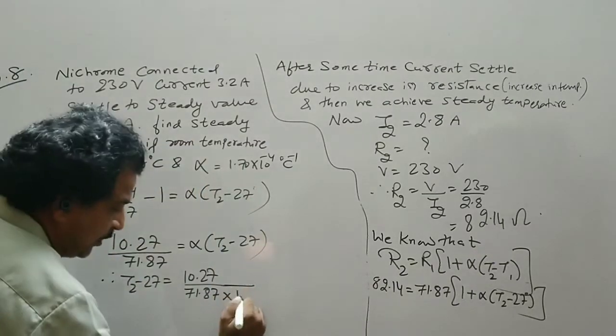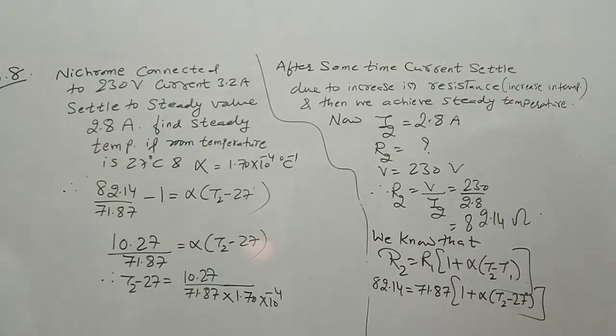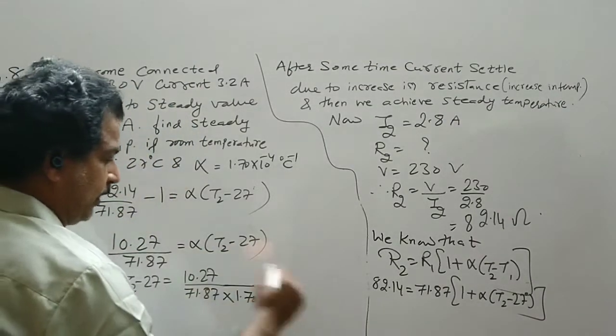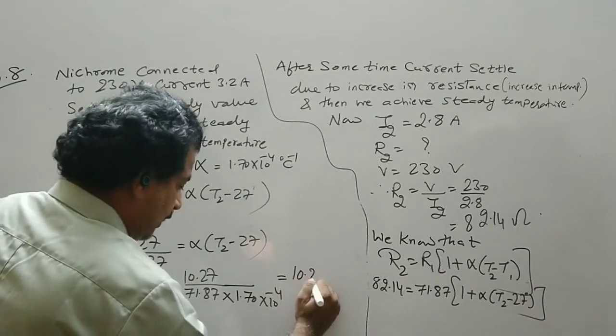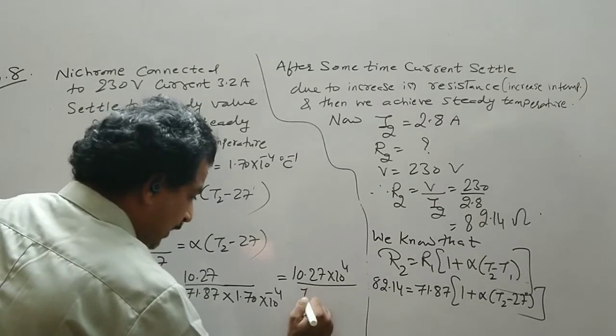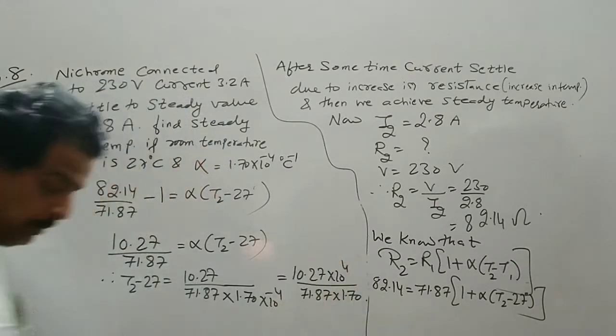So alpha is 1.70 into 10 raised to minus 4. So this can be written as 10 raised to minus 4 taken in the numerator, into 10 raised to 4, divided by 71.87 into 1.70.